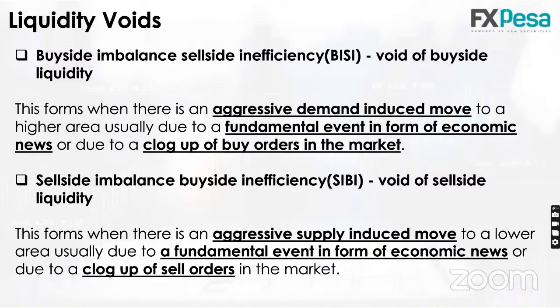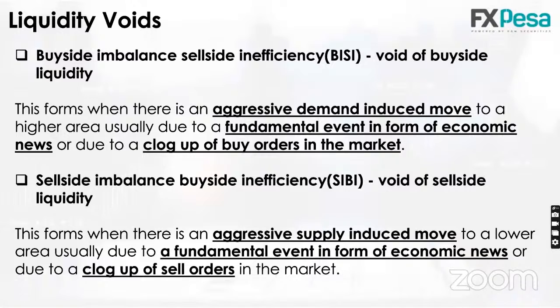So inefficiencies are just points in a market where you find price moving to a very high point. And whenever price moves to a very high point, what usually happens is that we'll normally have a reversal. So that reversal will usually be what we'll anticipate whenever we have an imbalance forming. Whenever you have price aggressively moving higher, then we normally call that a buy-side imbalance.